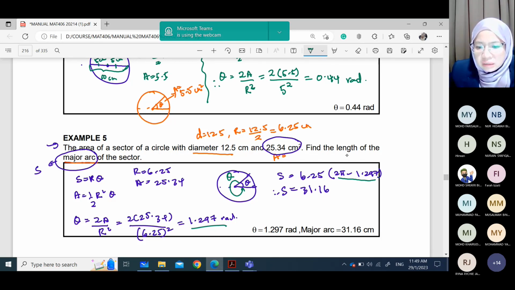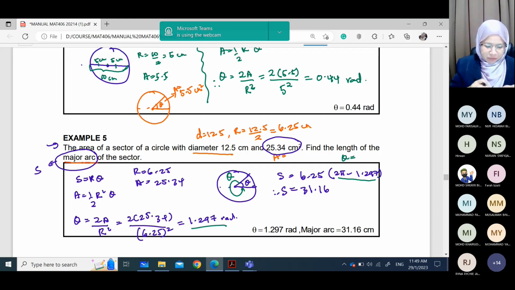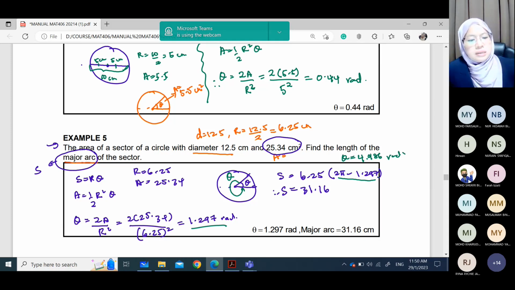Okay, so jadi angle untuk major sector is about 2 pi tolakkan dengan 1.297. So it is about 4.986 radian. Angle untuk major sector. Boleh? Faham tak?